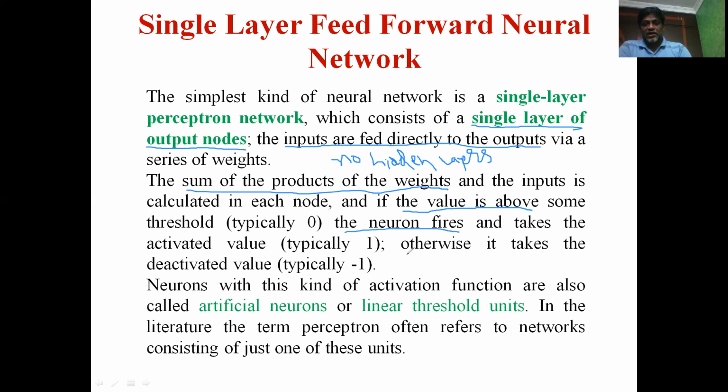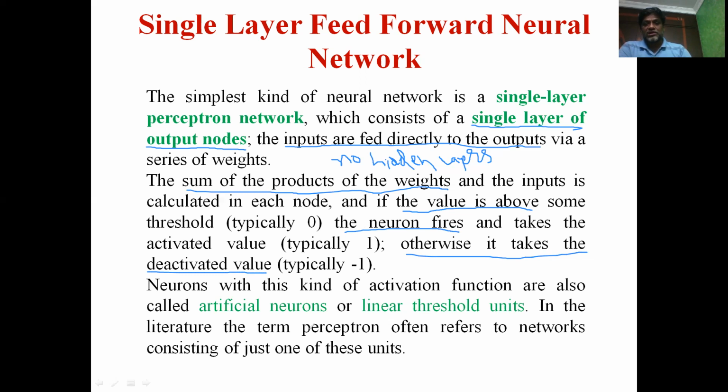Otherwise, it takes a deactivated value, which means it will not fire. We set up a threshold value for each neuron, and based on the calculated value, whether the neuron fires or not is selected.